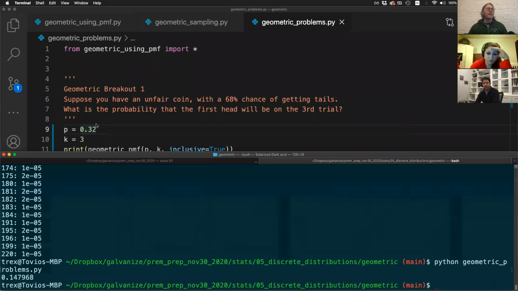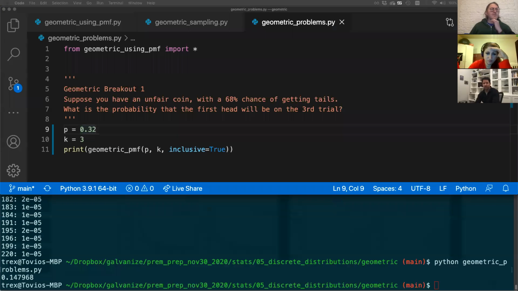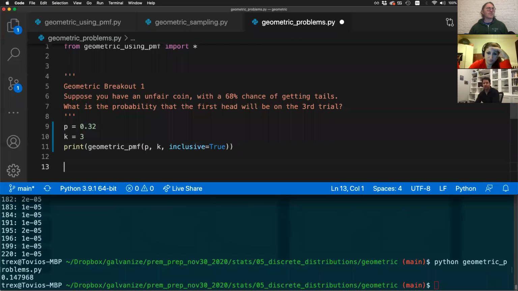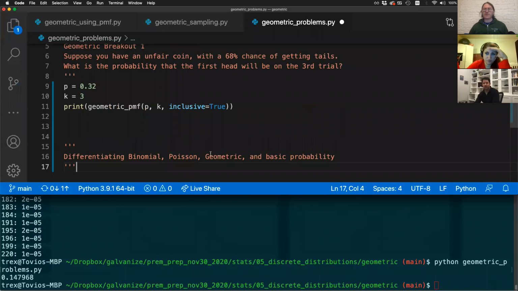There's a number of these problems that I have. I'm going to fill all of this in a little further after class. I'm just going to paste a bunch of stuff in here. One thing I'm going to paste in here is a solution to one of the slides in the geometric breakouts that I think is kind of interesting, mostly because you have to consider some things about the problem.